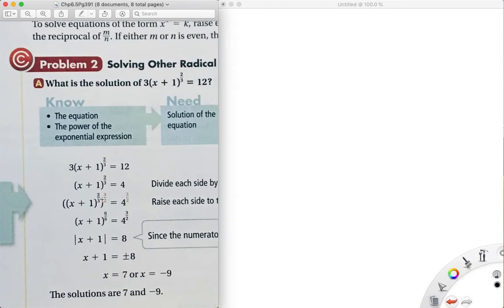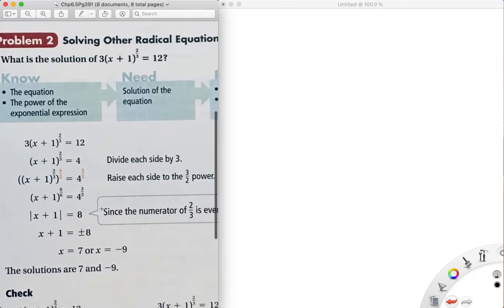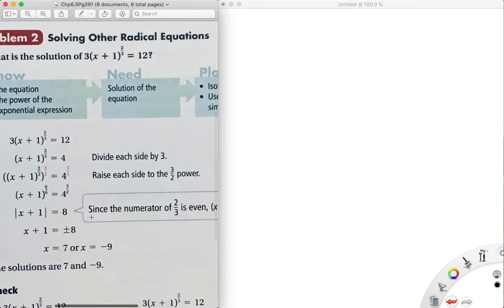Then, remember, the x is raised to the two-thirds, it has a 2 in the numerator. So when you do the reciprocal, and these cancel out, the 4 squared is 16. The cube root of, no, 4 to the third power is 64. The square root of 64 is 8.